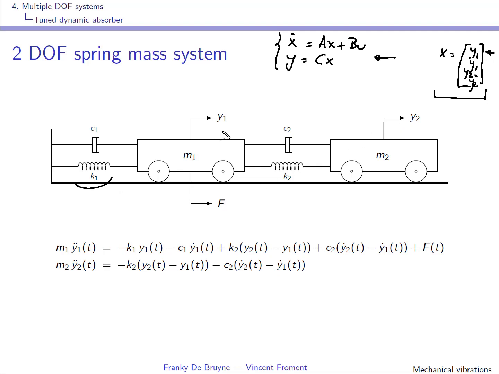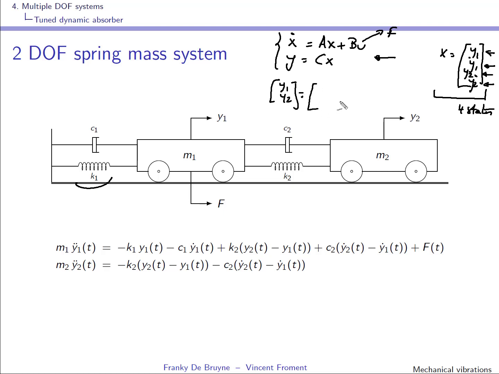We have kinetic energy stored in the mass, and for this we need y1 dot, and the same for y2, potential energy and then kinetic energy. So we need 4 states in the system, right? And the input here, u, will simply be F. The output will be y1, y2.